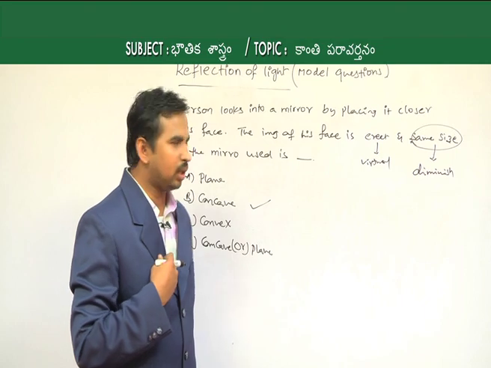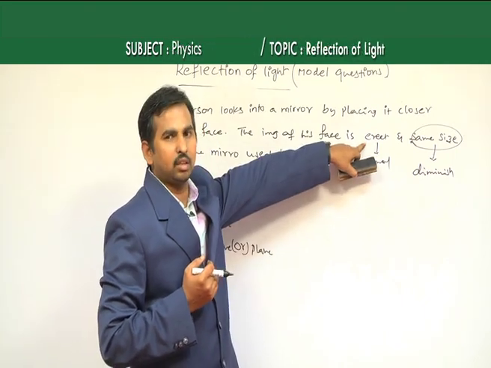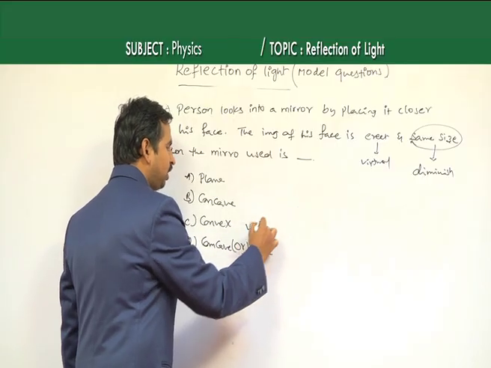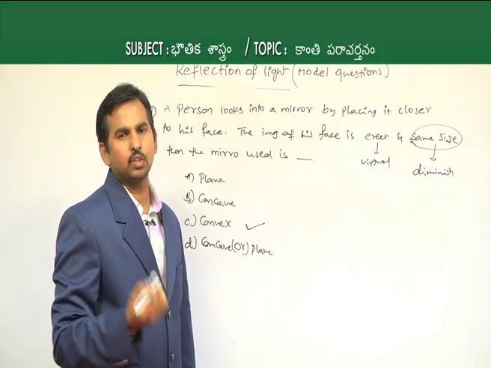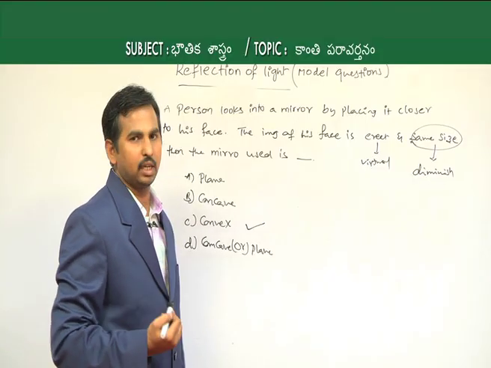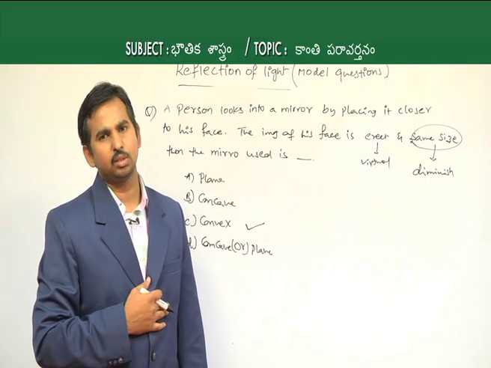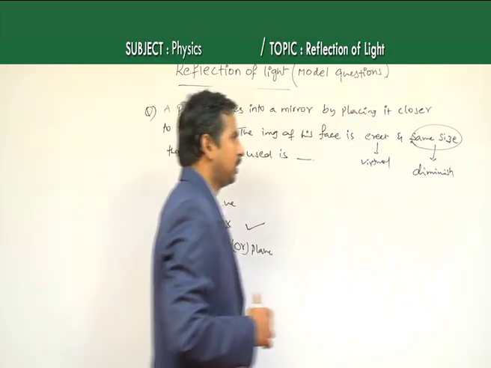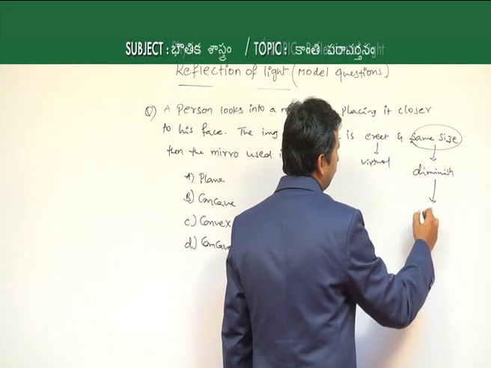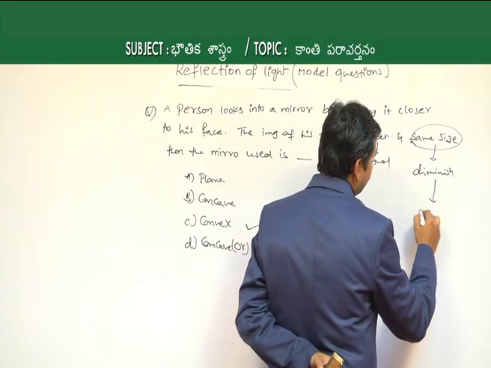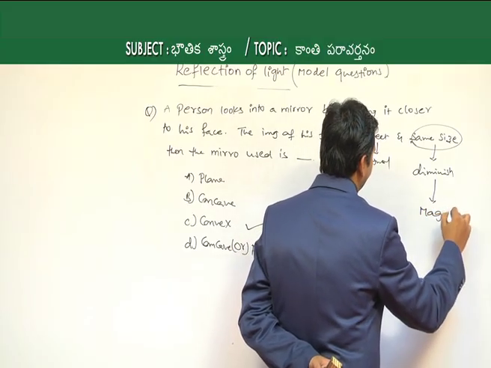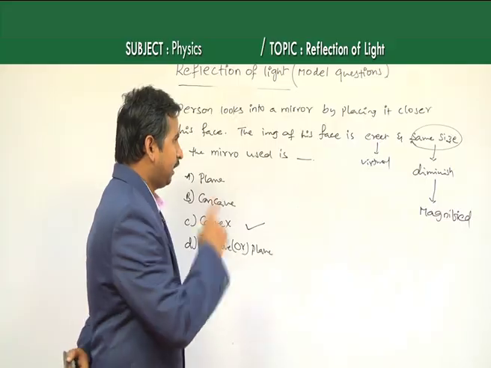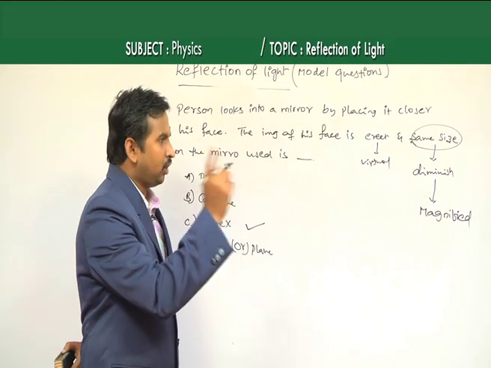And we know that all real images are inverted, but here it is given as erect, which means we cannot take a concave mirror. We have to take a convex mirror, because a convex mirror has the image characteristics of virtual and erect, and it always forms diminished size images. For example, if the same question, instead of diminished, says bigger in size, which is magnified: if it is erect and same size, then we get a plane mirror.